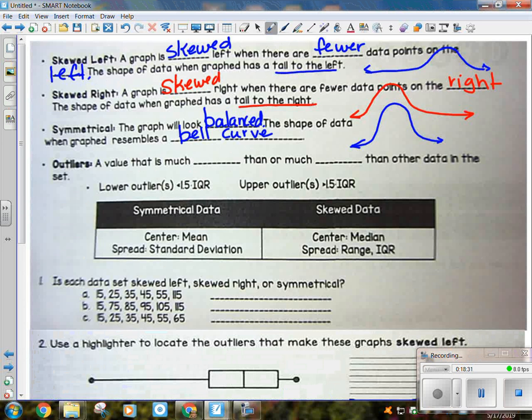An outlier. An outlier is a value that is much greater than or much less than other data in the set. In other words, if you were a good student and you consistently made 85, 90, 92, 95, 88, 100, like you typically made very good scores, A's and B's all the time.